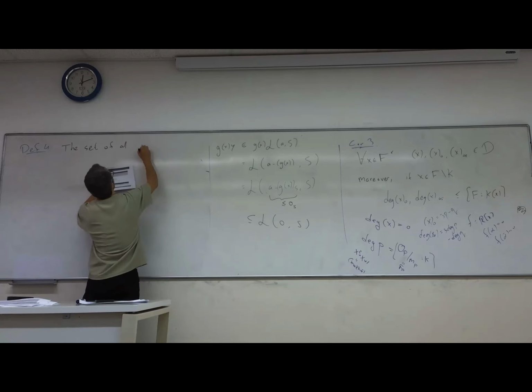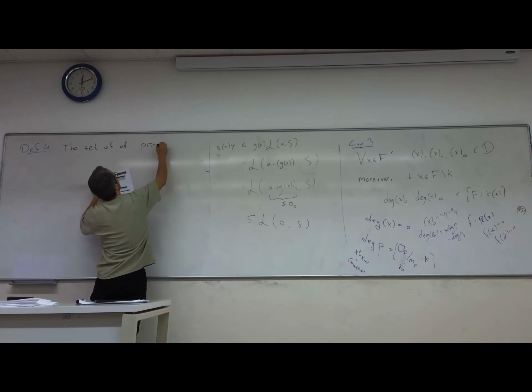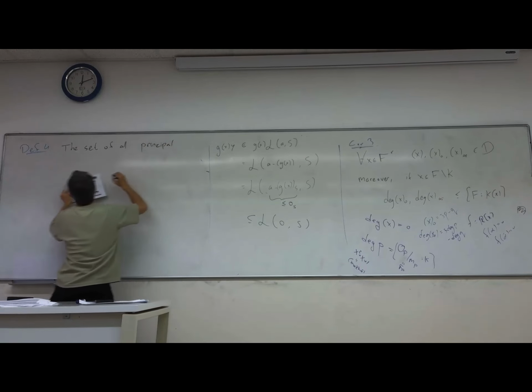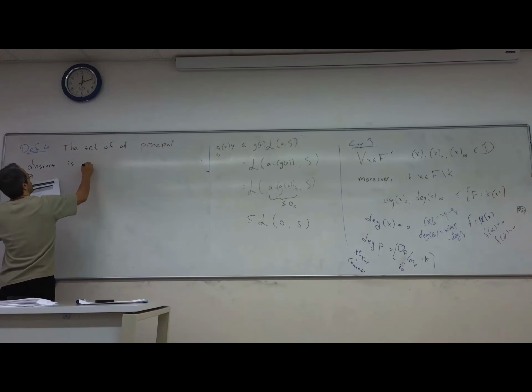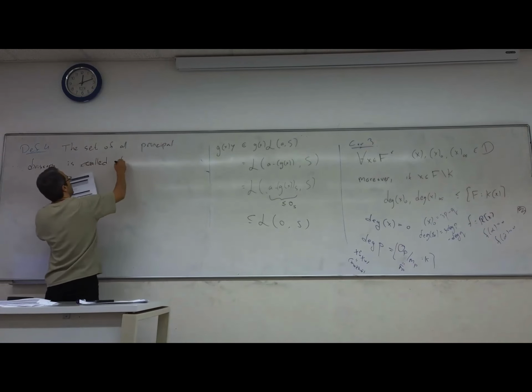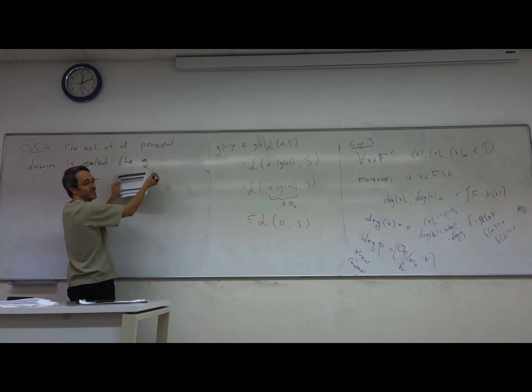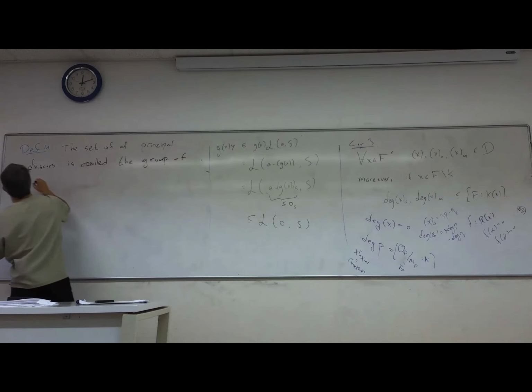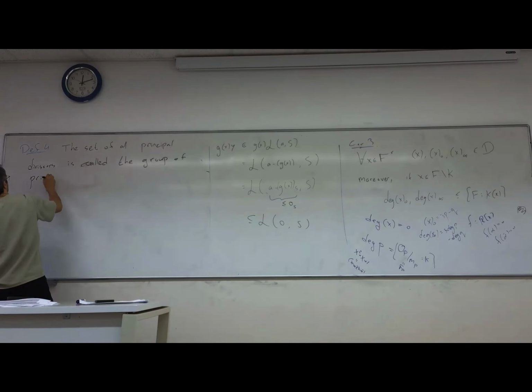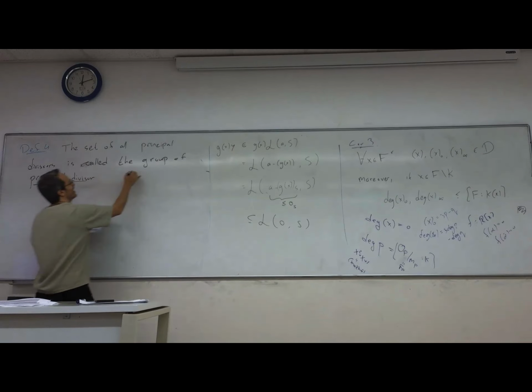So the set of all principal divisors is called the group of principal divisors of F over K. Weird way of stating a theorem, right?